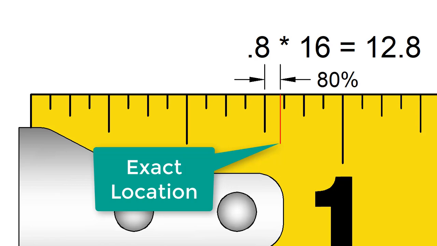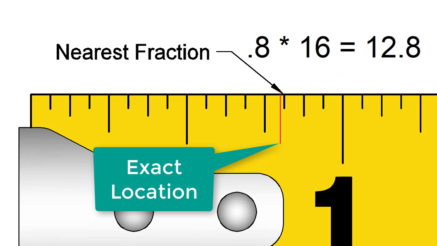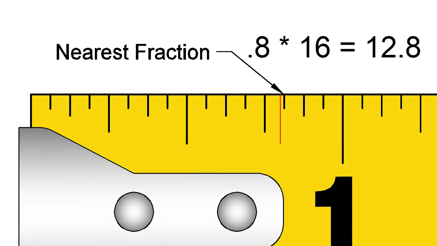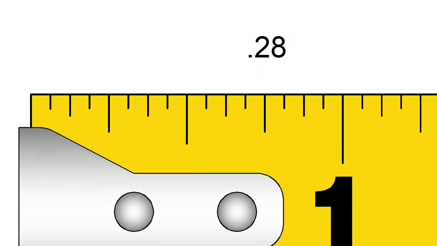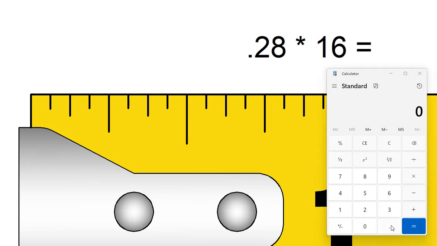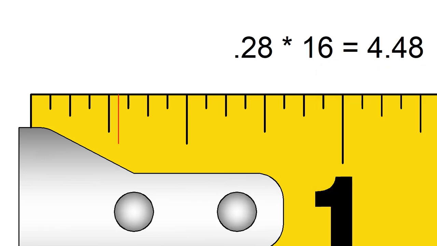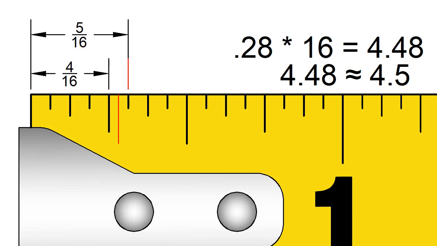So it would be more accurate to round up to 13/16. Let's look at another one, and I'll let you try some. If we had a decimal like 0.28 inches, we would multiply 0.28 by 16. The answer would be 4.48. This is very close to 4.5. So the measurement would be between 4/16, or 1/4, and 5/16.